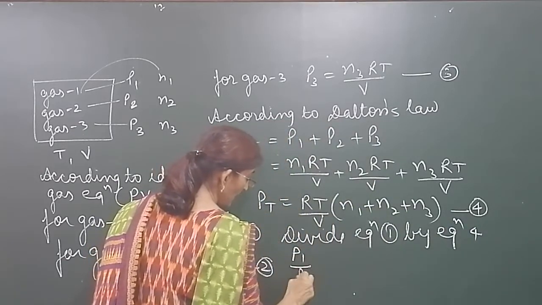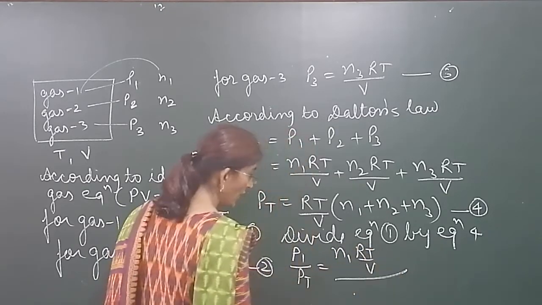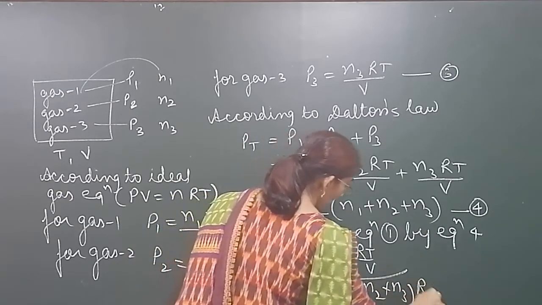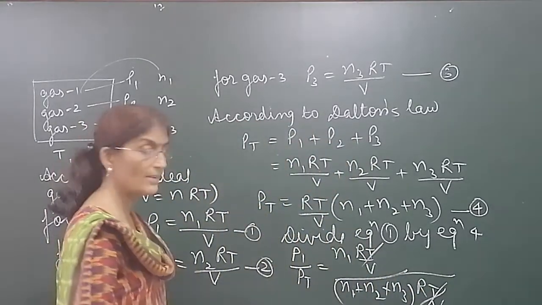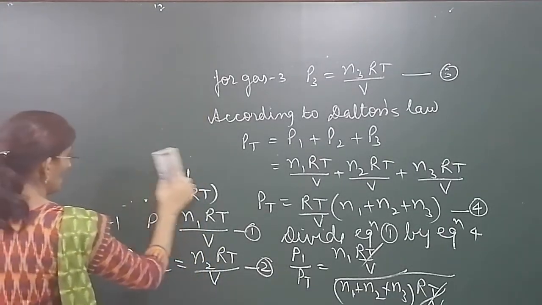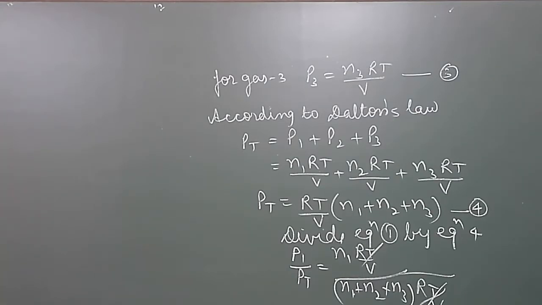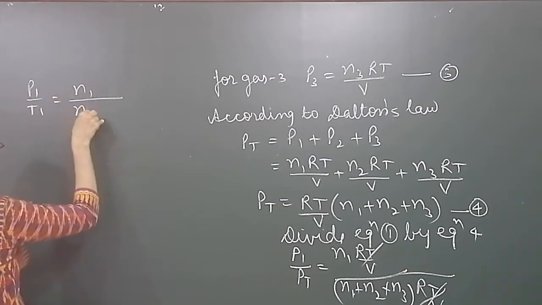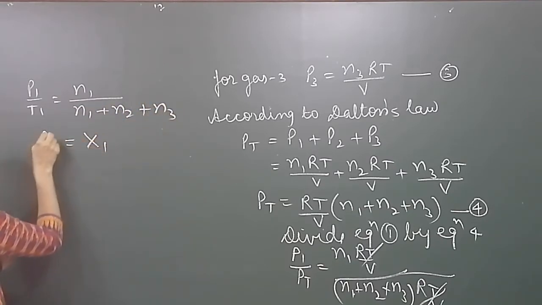P1 upon P total is equal to n1 RT by V upon (n1 plus n2 plus n3) RT by V. RT by V cancels. So P1 upon P total becomes n1 upon n1 plus n2 plus n3. What is this? Mole fraction of the first gas.